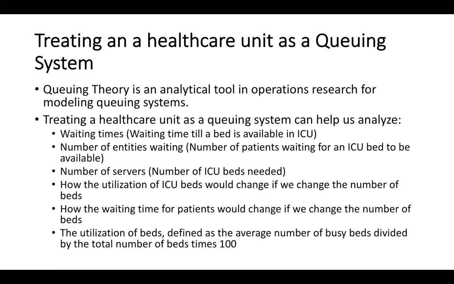If I can treat a healthcare unit as a queuing system, then I can answer a bunch of questions: the waiting time before a patient can finally get to the ICU, the waiting time in the line, and the number of entities waiting in the queue.